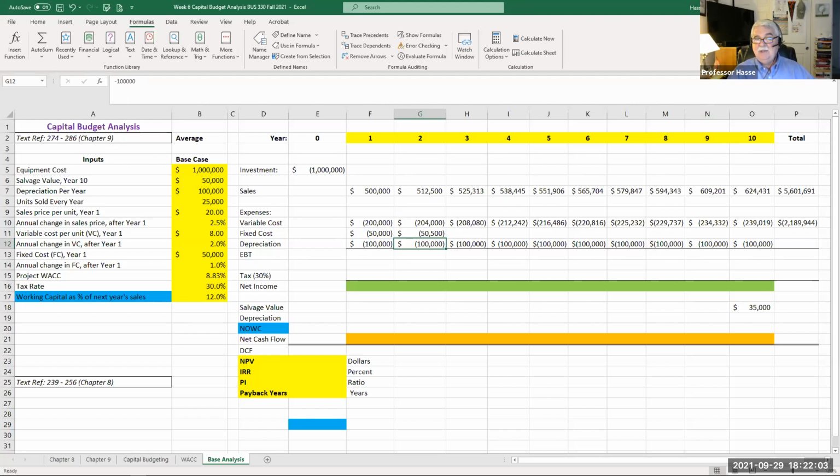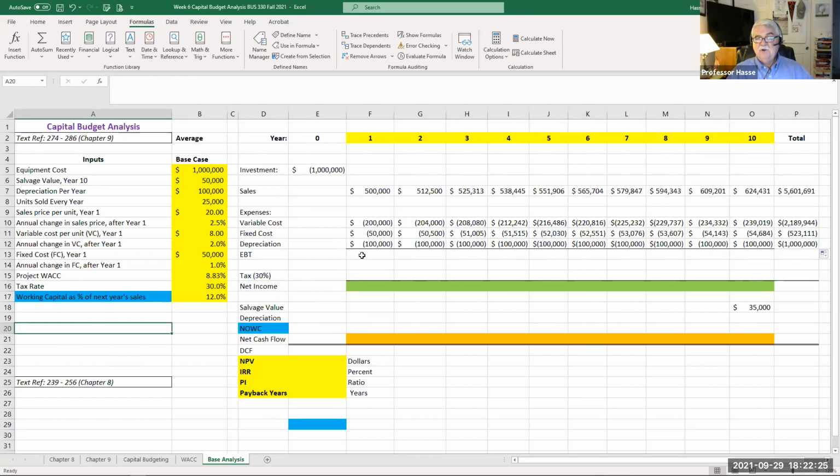Then I slide it all the way over, and there's my fixed costs throughout the 10 years. And now what have I done? I've now calculated all my expenses for my project.